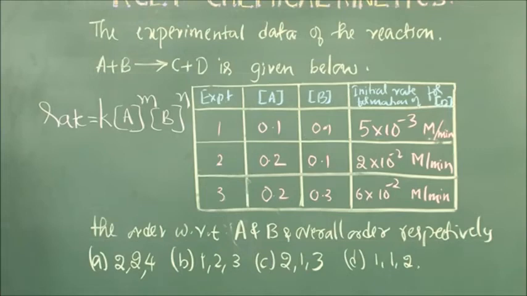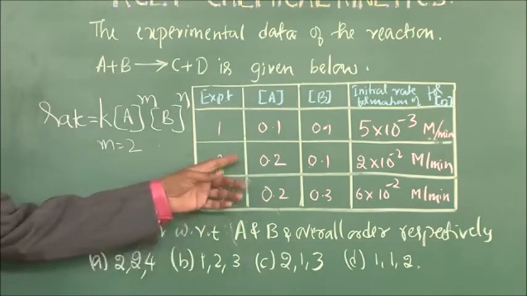When the concentration of A is doubled, it is found that the rate of the reaction, which was 5 into 10 to the power minus 3, has become 2 into 10 to the power minus 2, which means it has increased by 4 times. When concentration of A is doubled, the rate has increased by 4 times, implies that the value of m is 2.